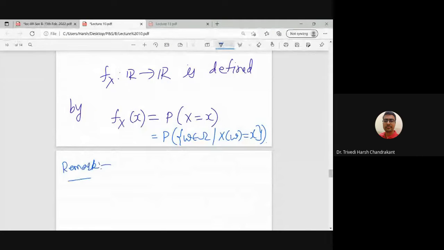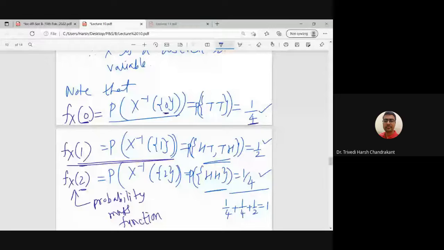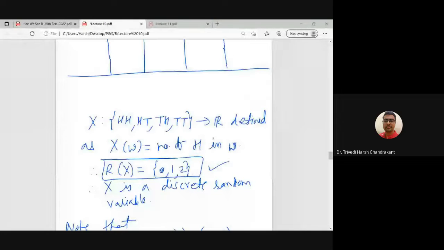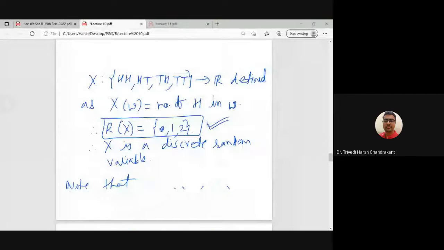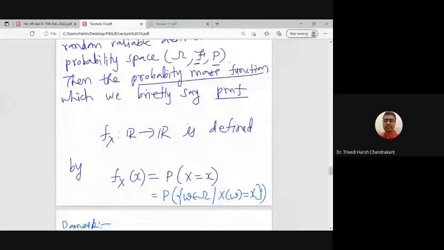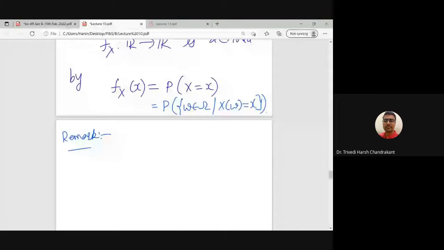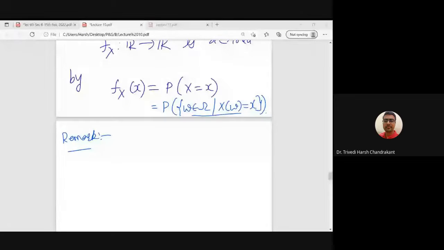Here we found the probability of the points which are in the range of X. If we take a small x which is not in the range of capital X, then what will be the pre-image?